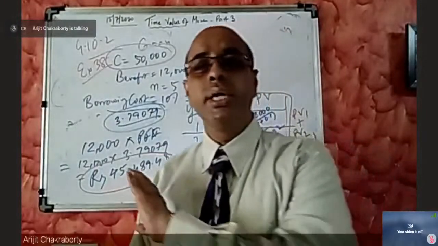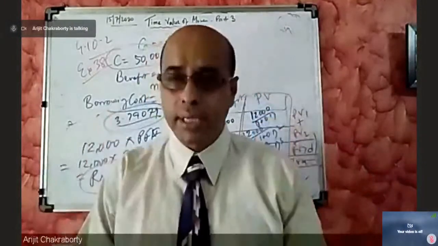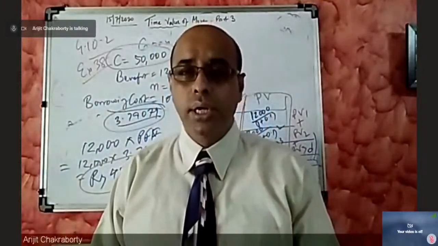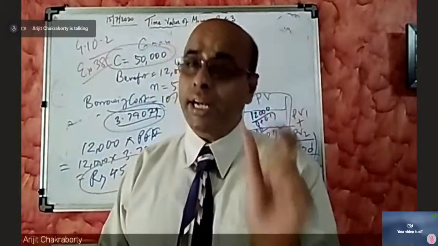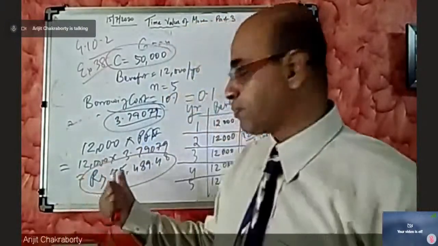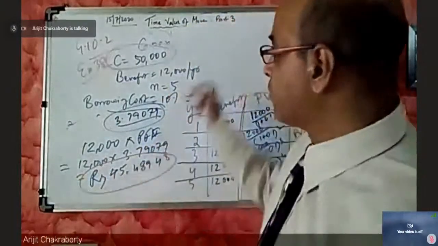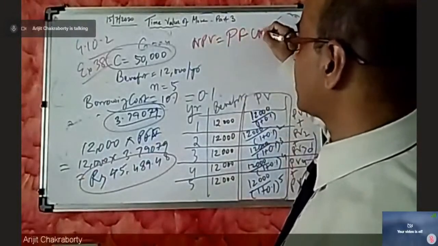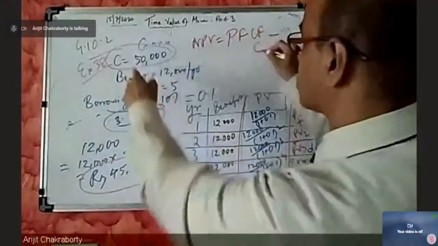So the machine should not be purchased. If you purchase the machine, you are incurring a net loss. Normally we use the term net present value, but here the net present value is negative. Net present value is equal to present value of the cash flow minus the cost.